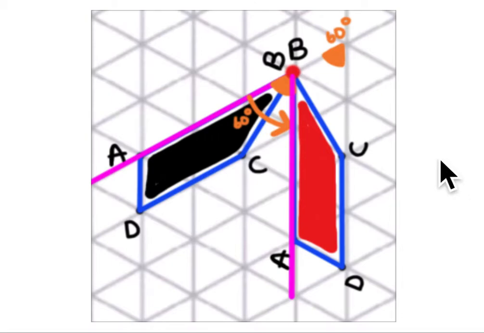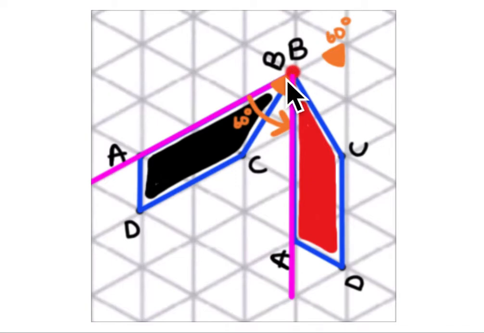So this is a rotation around point B. So point B is the center of rotation. And remember, these are all equilateral triangles. So this is a 60-degree rotation from this side here to this side here. And you can check that this is the center of rotation by counting.